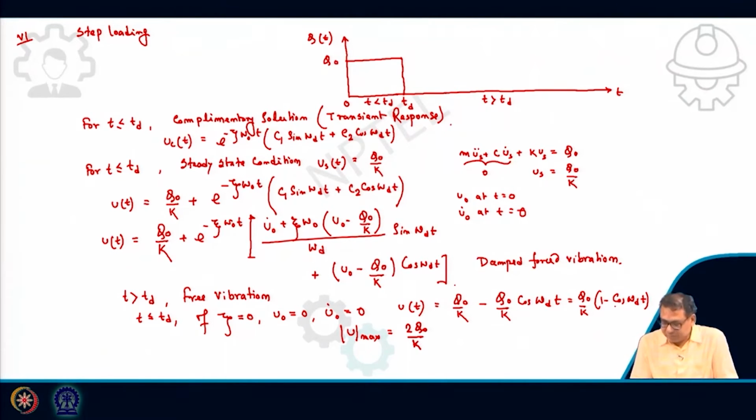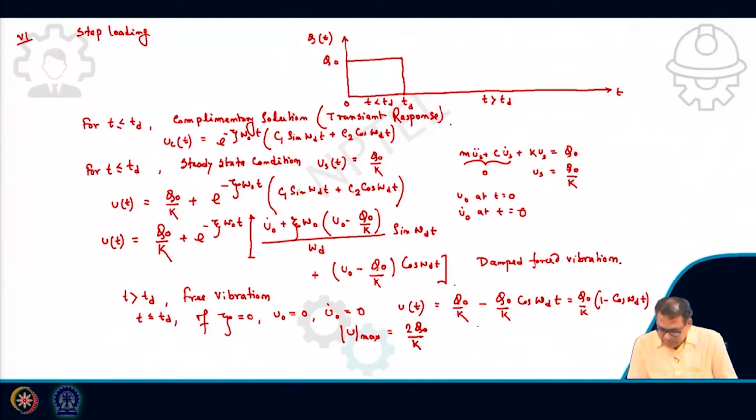Because this cos can be plus 1 or minus 1, that is the maximum value it can give. If plus 1, the expression will be 0. If cos omega d t is minus 1, then this will be 2 q0 by k, and so this will be the response.